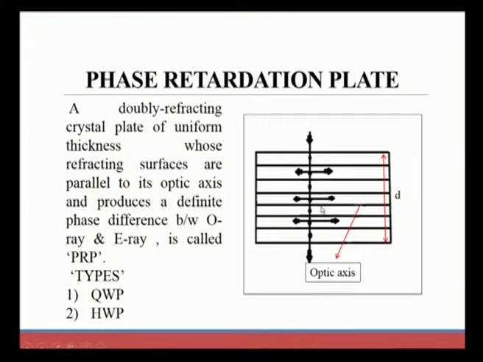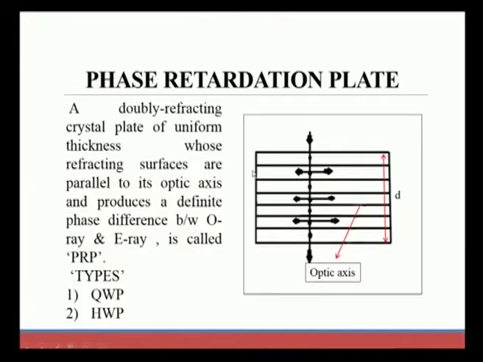The optic axis will be parallel to the refracting surfaces of this uniform crystal, and it produces a definite phase difference between the O ray and the E ray. The main intention of a phase retardation plate is to get a phase difference between the O ray and the E ray.